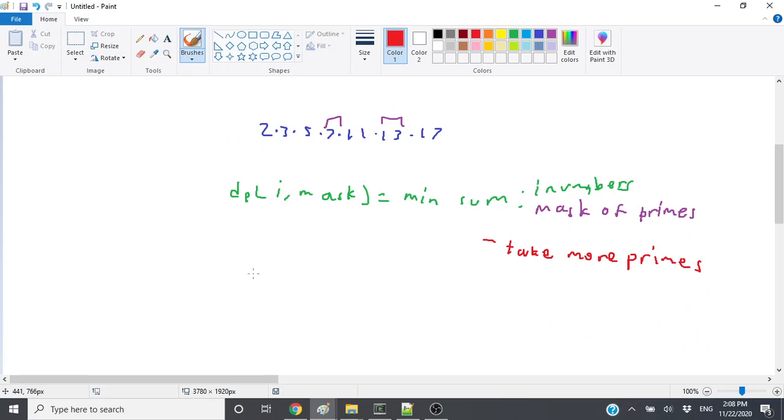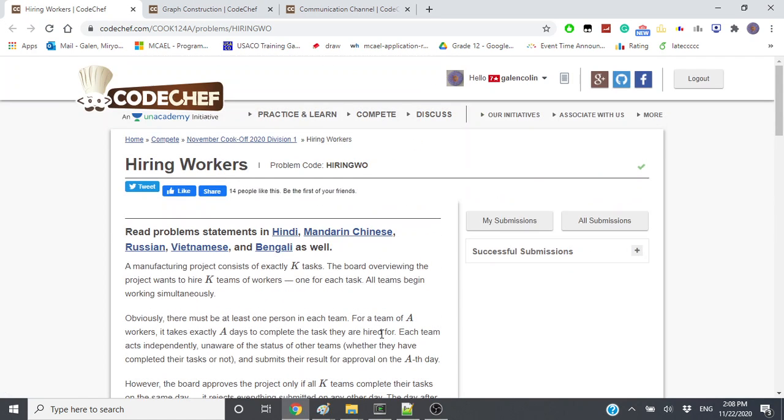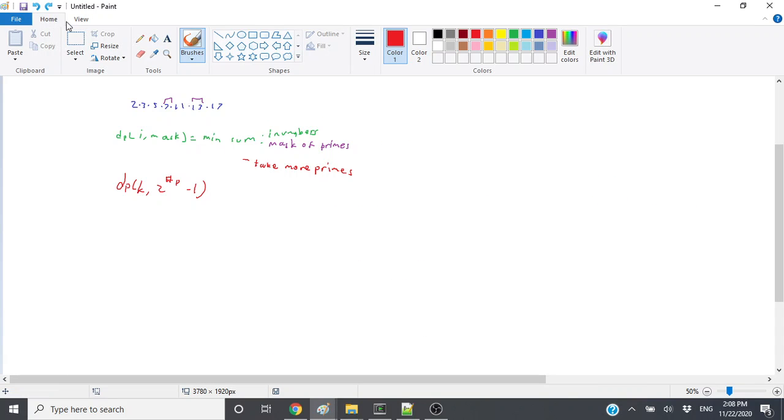And then the answer is dp of k and 2 to the number of prime factors minus 1, which is the full mask, that is, all of them have been taken. That's what I did. If you want to see the code, I will link it in the description. But that's how the bitmask DP works, essentially.